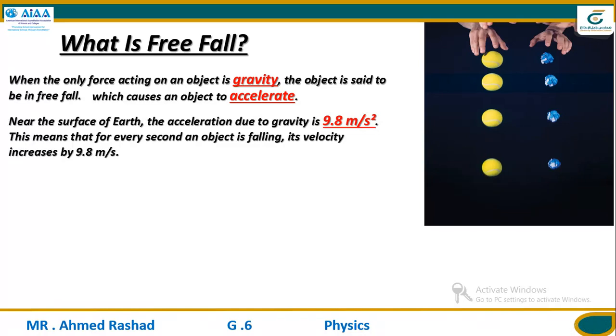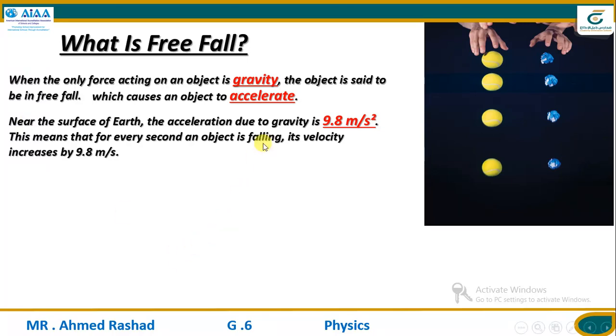Near the Earth's surface, the acceleration due to gravity is an important number in physics. The acceleration of gravity on the Earth's surface is 9.8 meters per second squared, and this means that for every second an object is falling, its velocity increases by 9.8 meters per second. I want you to focus here deeply.